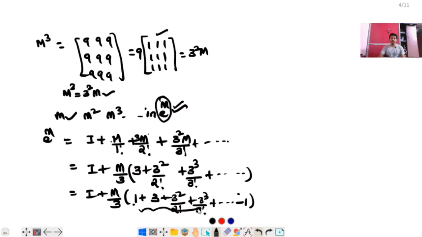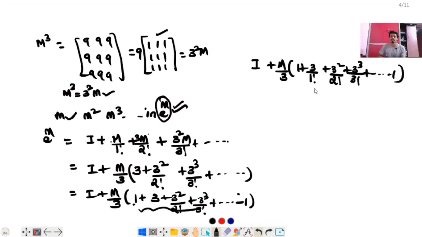Now you write this as I plus M by 3 times the series 1 plus 3 by 1 factorial plus 3 square by 2 factorial plus 3 cube by 3 factorial and so on, minus 1.